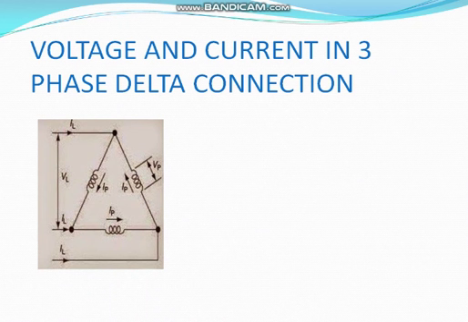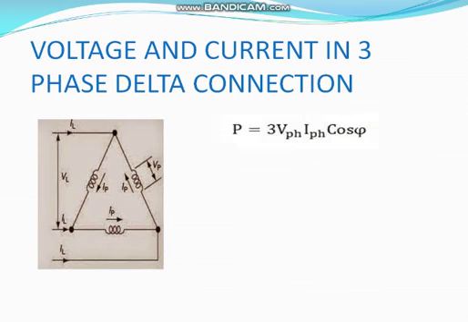And if we connect an ammeter in series in a line, we can measure the line current, and if we connect an ammeter in series in a phase, we can measure the phase current. So there is no neutral in a delta connection.